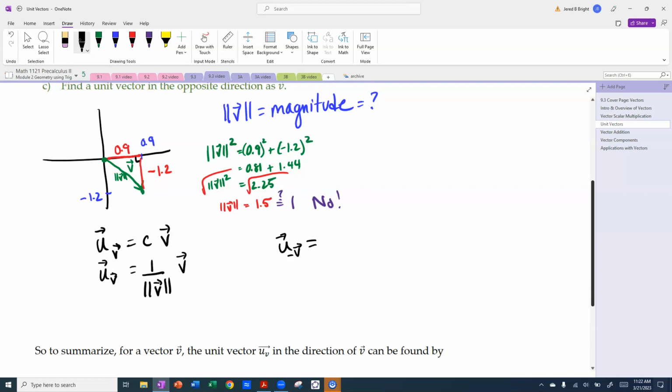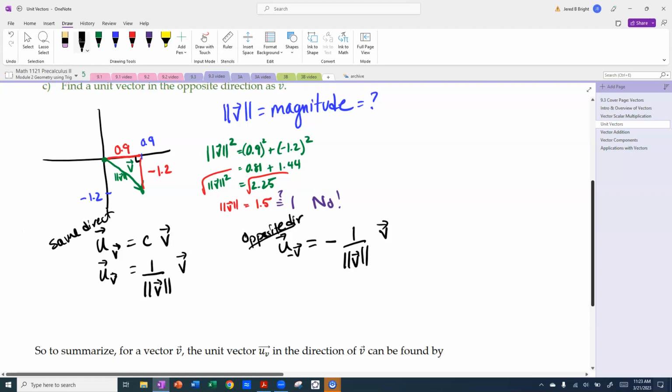So I would just do a negative of the unit vector that we found, and that will change the direction. So that's the opposite direction, and this would be the regular, or same direction. And so there we go.